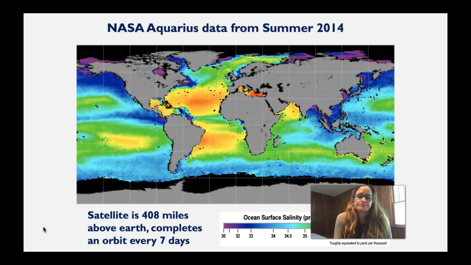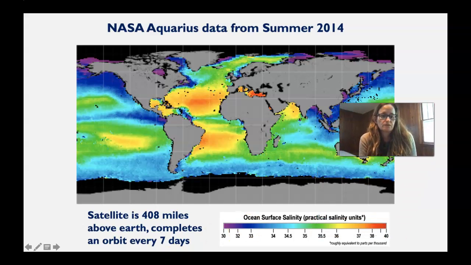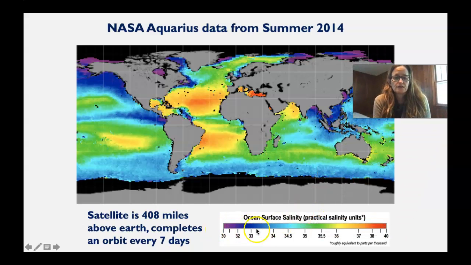Here's a map of seawater. Move my face out of the way and see it's that same range. This does go pretty high up into 40, where there's high evaporation in the Mediterranean, and lows down to 30 in the polar regions.